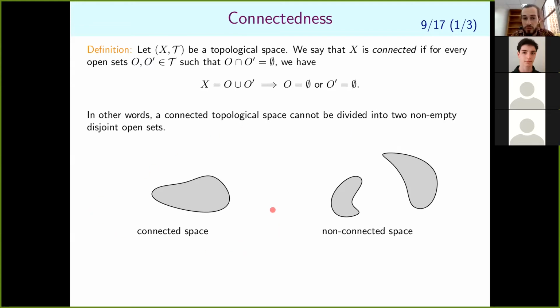So for instance, this here is a connected space. This one on the right though is not, because if I take this open set O and this open set O prime, then they are disjoint, open, and they cover the whole set. So this is not connected.